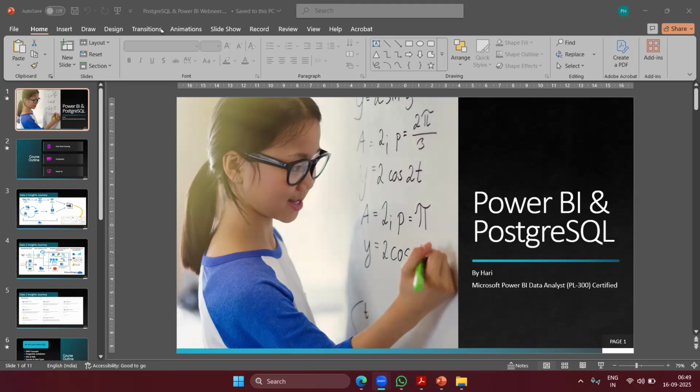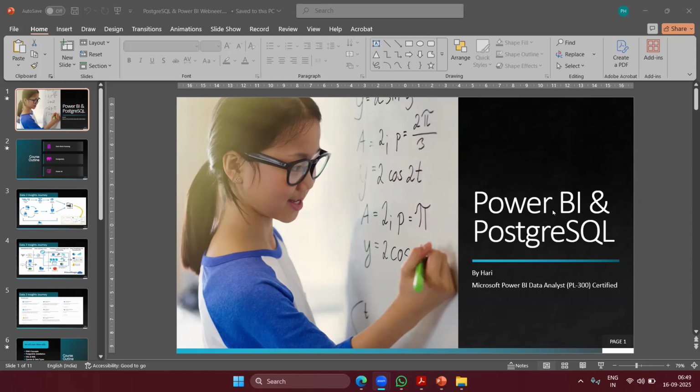So, in front of you, you are able to see a simple presentation, right? Our objective is to learn Power BI and PostgreSQL. These are two tools: one is the database and the other is the visualization tool. Power BI is the visualization tool and PostgreSQL is a database.